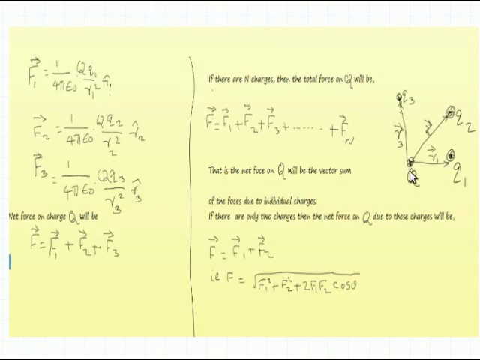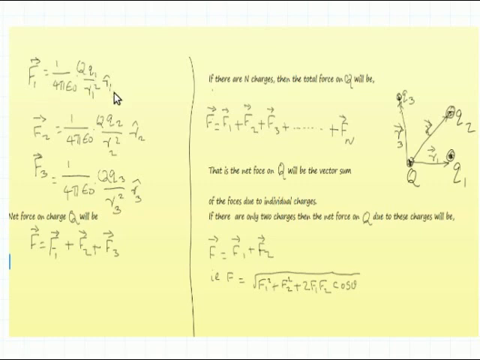Then what is the force on q due to q2? It is f2, which is given by 1 by 4 pi epsilon 0 q2 divided by r2 square into r2 unit vector or r2 cap. Similarly, F3 is equal to 1 by 4 pi epsilon 0 q3 by r3 square into r3 cap. So here all these forces are vectors.